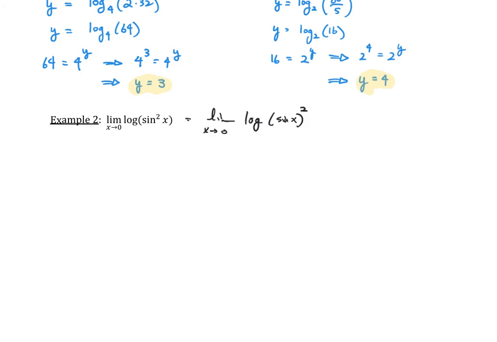So let me just draw a quick sketch of sine of x for you. So sine of x looks something like this. Here's 0, here's pi over 2, here's pi, here's negative pi over 2, here's negative pi, here's 1, here's negative 1. This is just a sketch, it's not to scale, right?